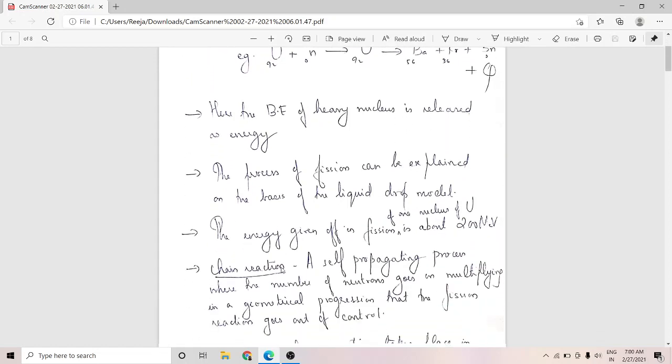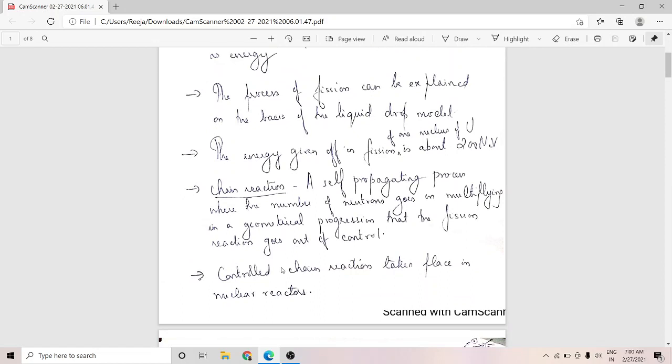Now, the process of nuclear fission can be explained on the basis of the liquid drop model. When a liquid drop is suitably excited, it oscillates in a variety of ways, and instead of its usual spherical shape, it becomes a prolate spheroid, then again a sphere, an oblate spheroid, a sphere, a prolate spheroid again.